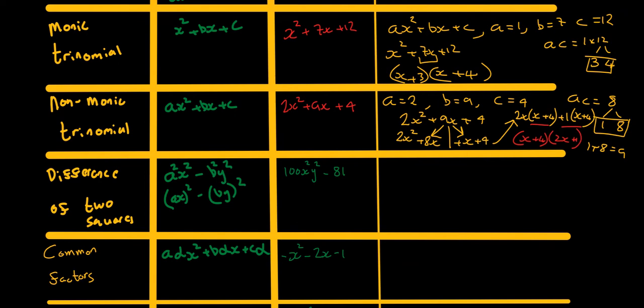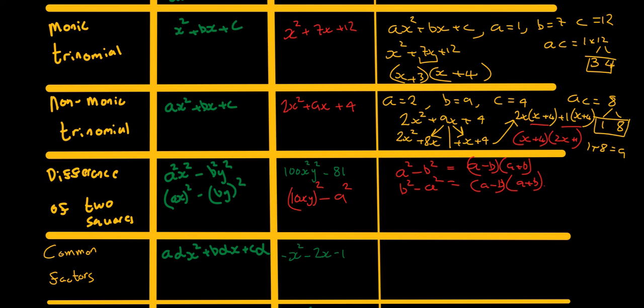This is a difference of two squares. We can rewrite this as 10xy all squared minus 9 squared. And this factors nicely. This always follows the same form. These are pretty easy to recognize.